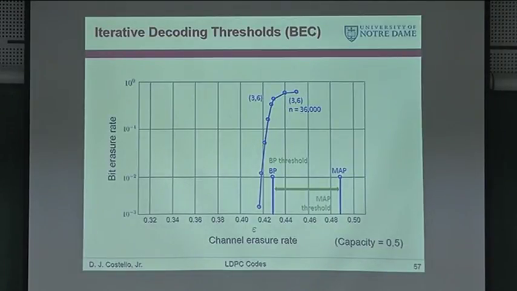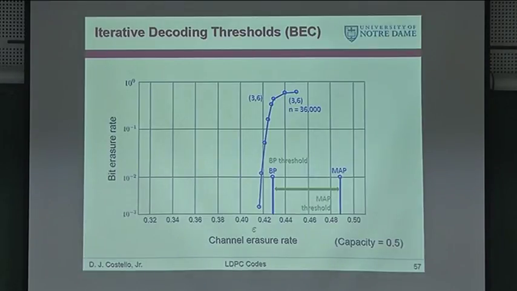Here's just some simulation results, to try to put it in perspective. This is channel erasure rate. This is the iterative decoding threshold for 3/6 regular codes that we just calculated, 0.429. So with a large code, we should be able to get a low bit error probability, or I mean, there's no errors in an erasure channel.